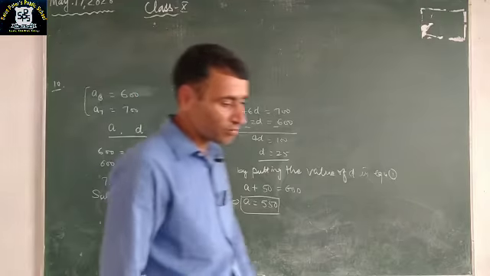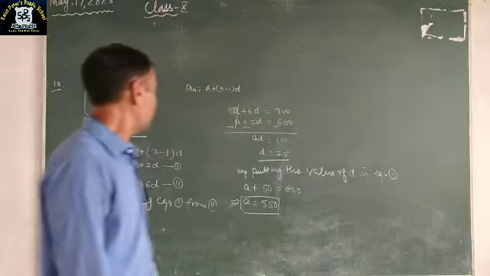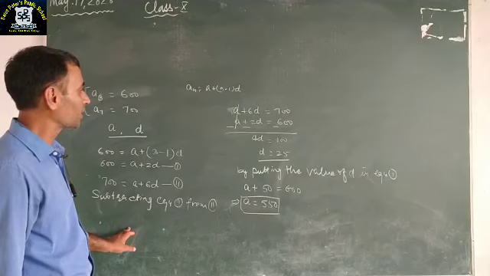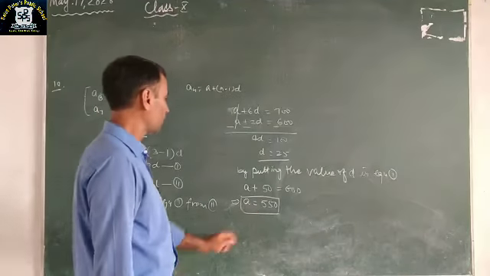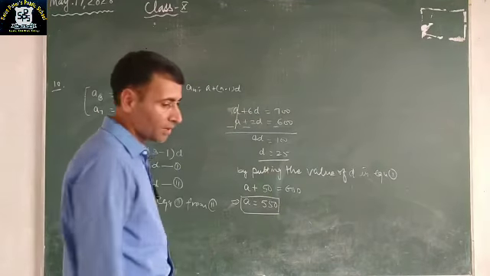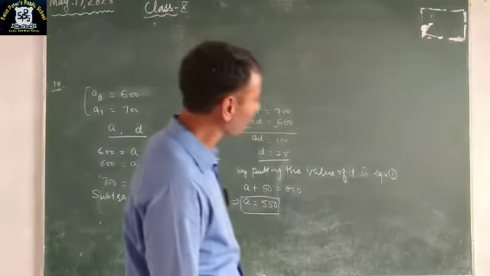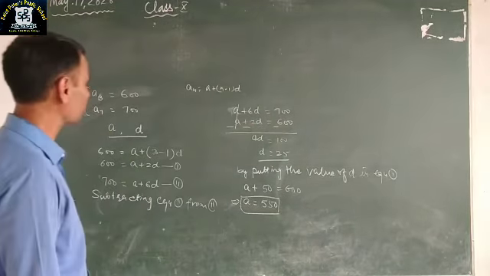So the first part of this question asks us the production in the first year. So the production in the first year will be 550. In the second part, the production in the 10th year.